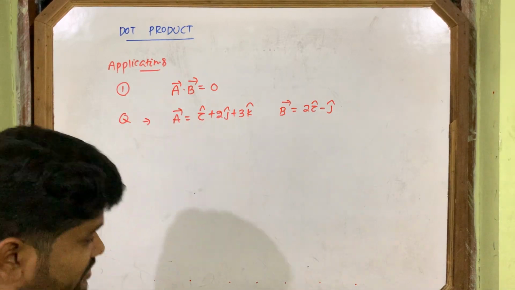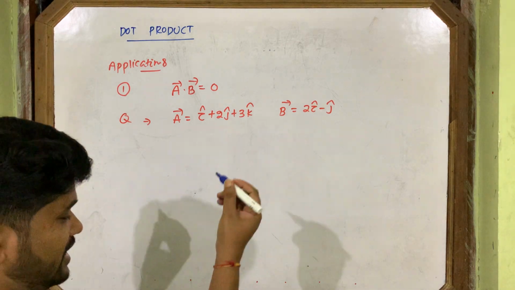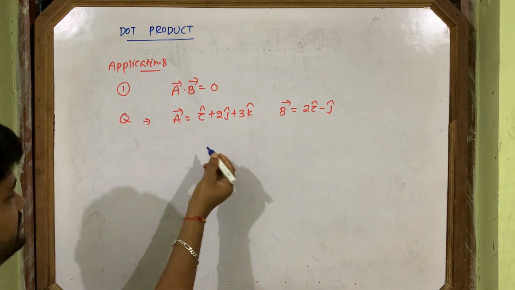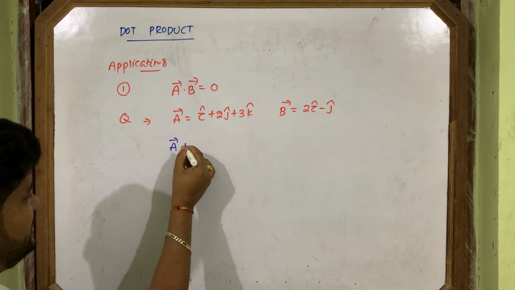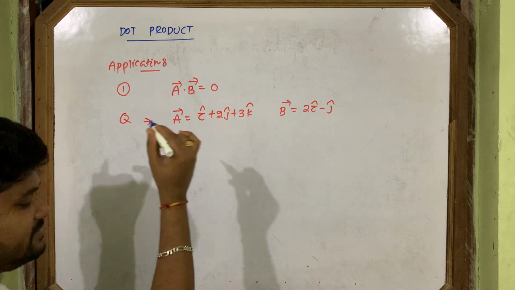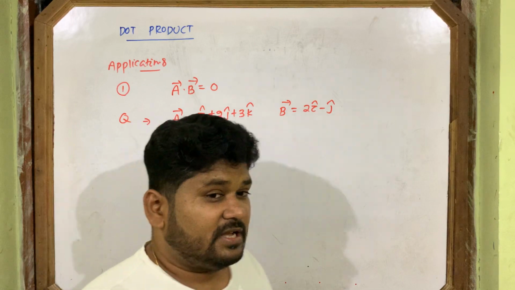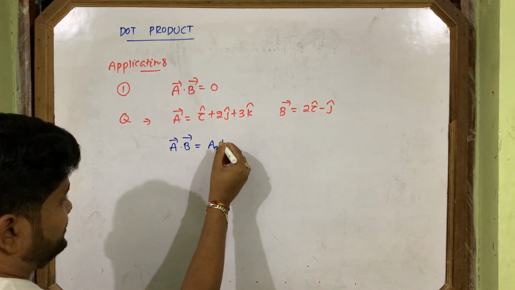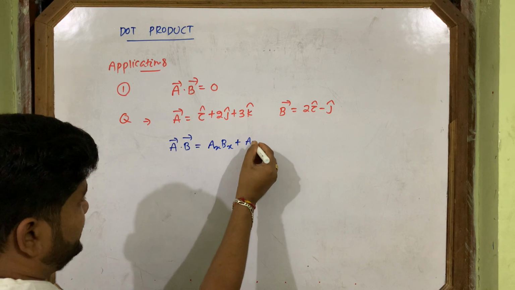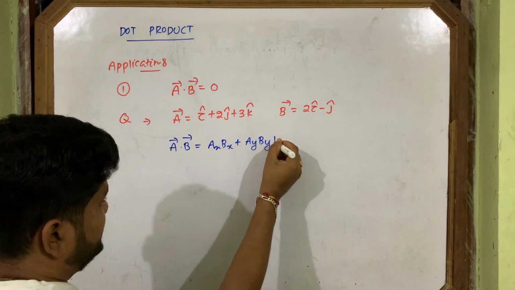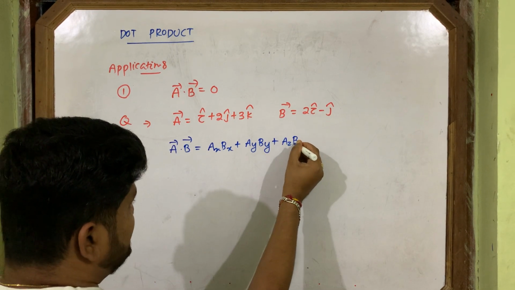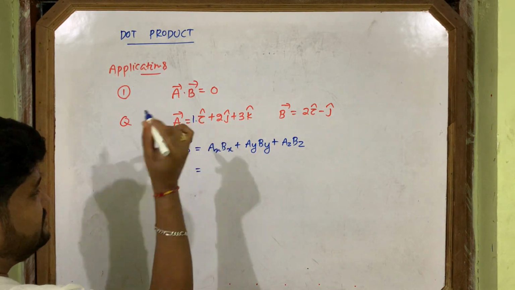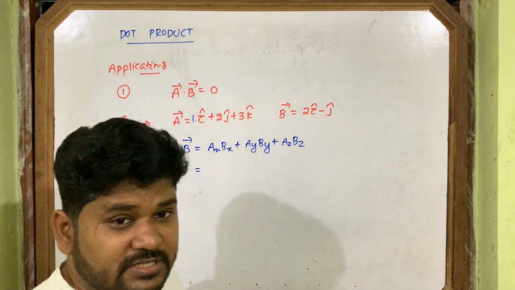Okay, so now I am telling you the answer. A vector and B vector, what you have to do? You have to simply find A vector dot B vector. What's the formula? Ax bx plus ay by plus az bz. So what is the value of ax here? This is 1. Nothing means 1.